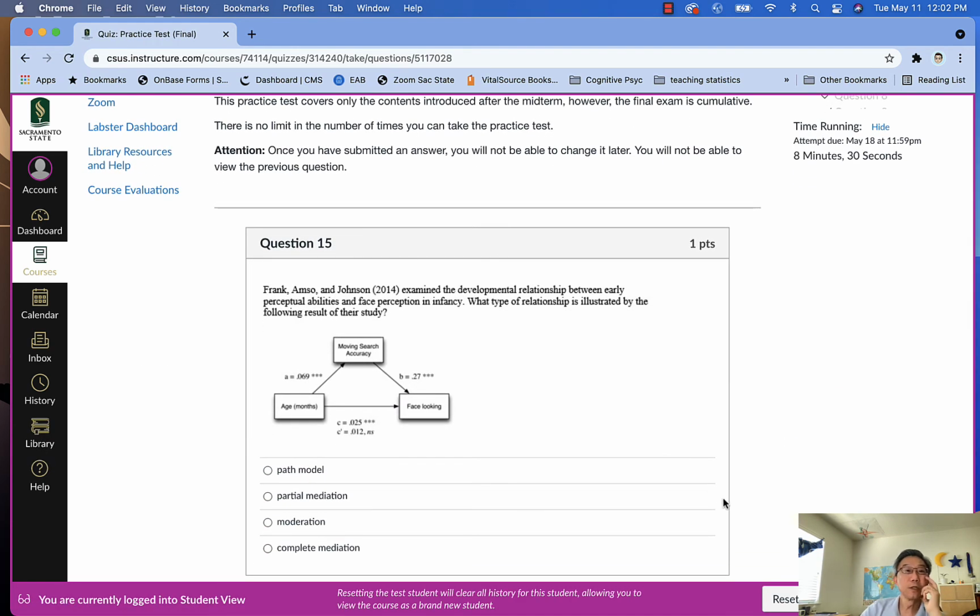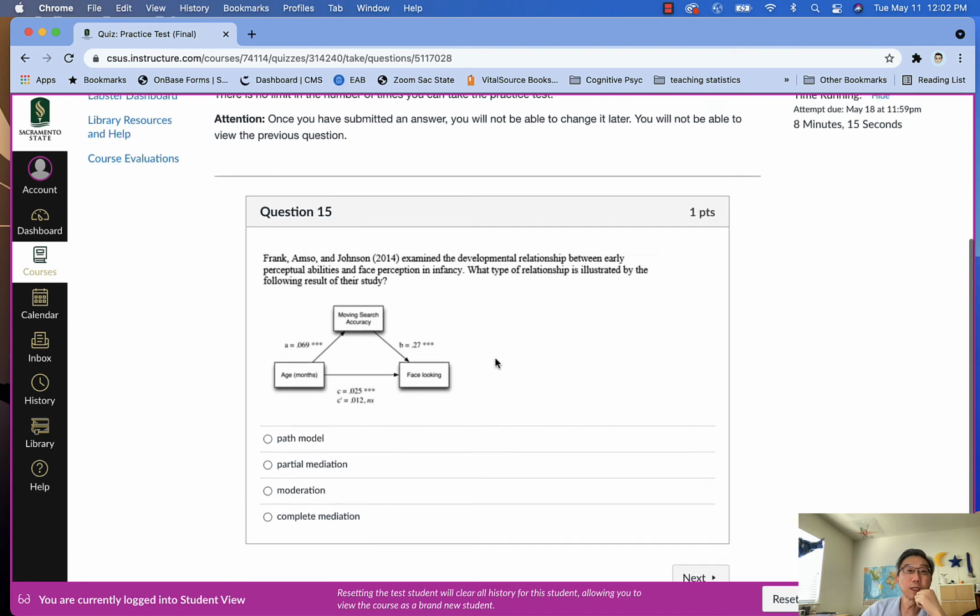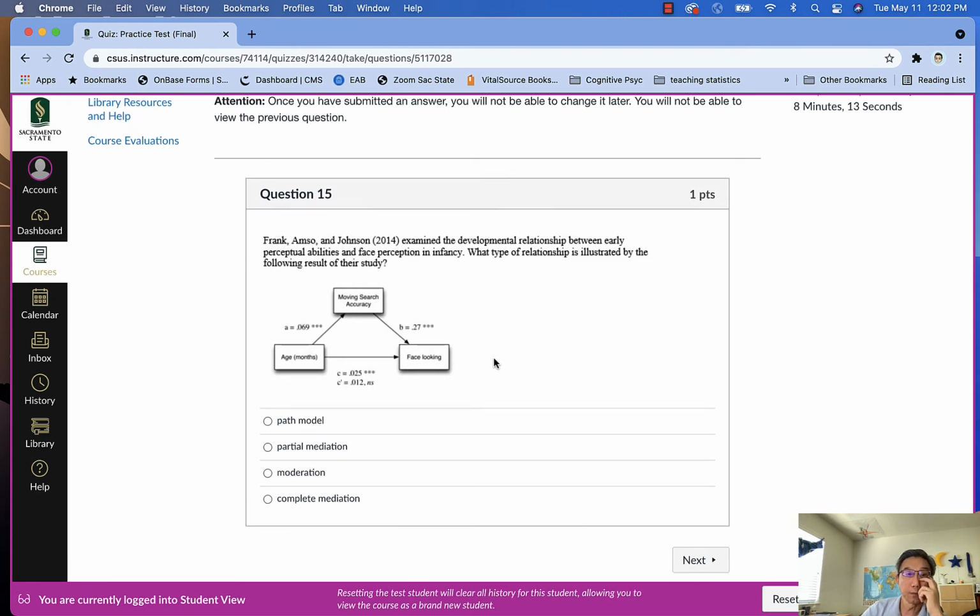Next question. Examine the developmental relationship between early perceptual ability and face perception in infancy. What type of relationship is illustrated by the following result of the analysis? We should recognize immediately it's mediation.